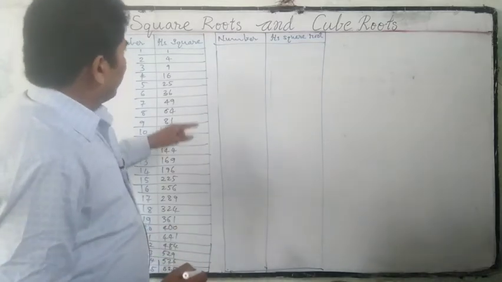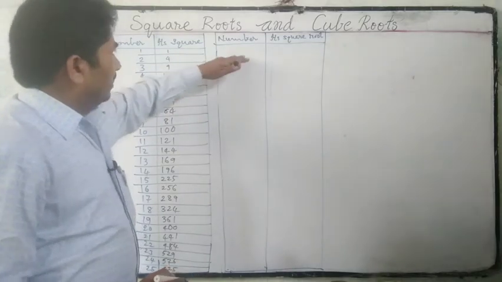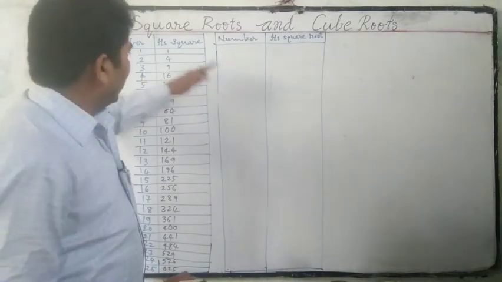Now let us write a square root for these numbers.